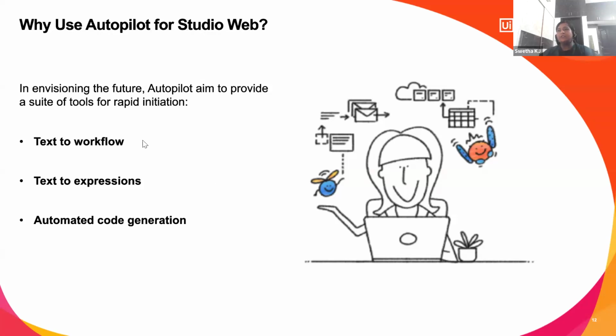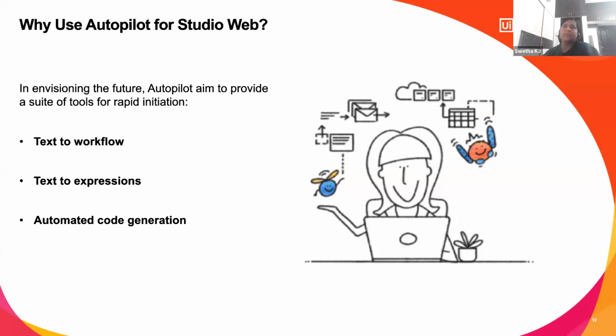All right. So here we have 3 different features that have been incorporated in Studio Web by Autopilot. One is text to workflow, where we just give a normal English text, and it will convert it to a workflow and give it to you. Second is typing in something as a text, and then it will generate an expression. I would say this feature is very useful for business users, because we wouldn't generally expect business users to go and learn coding and be strong on syntax.